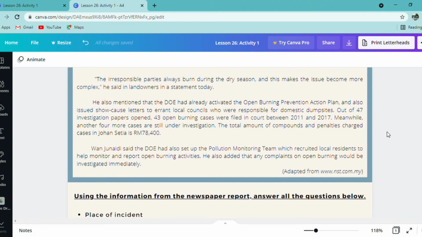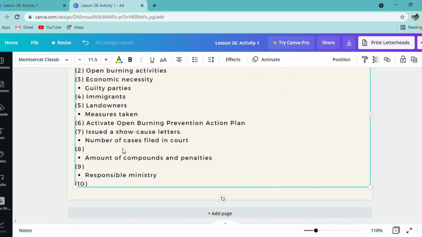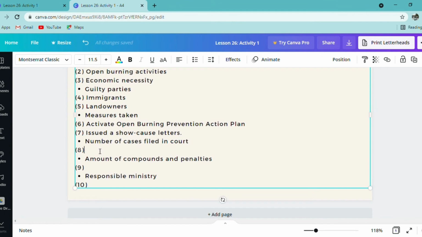So it does mention in the 4th paragraph, which is out of 47 investigation papers open, 43 open burning cases were filed in court between 2011 and 2017. So the answer here is 43 cases. Okay.